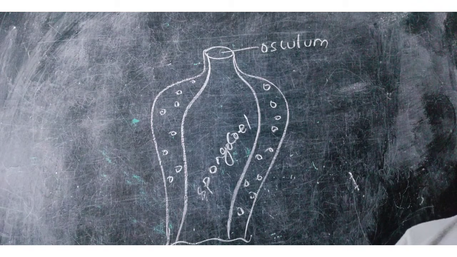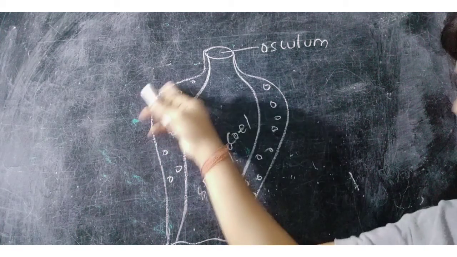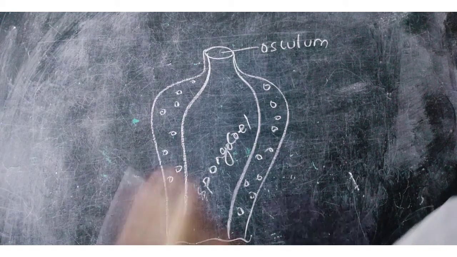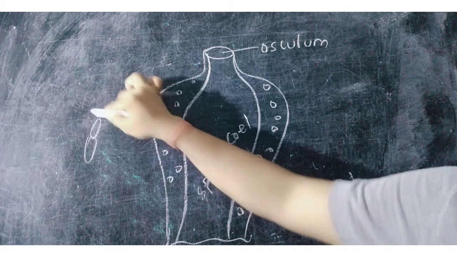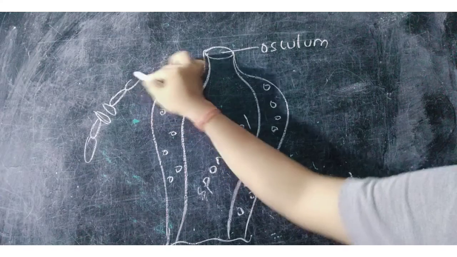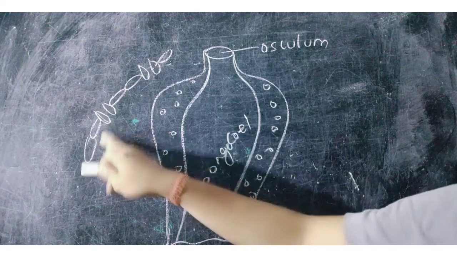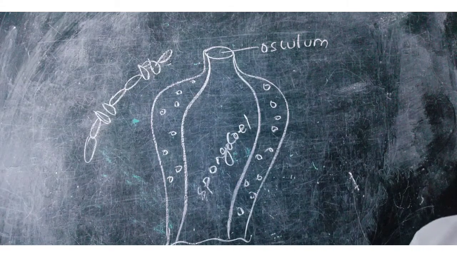The outer layer is the pinacoderm, which consists of pinacocyte cells. Suppose these are pinacocyte cells. In between pinacocyte cells, there are openings. These openings are ostia.